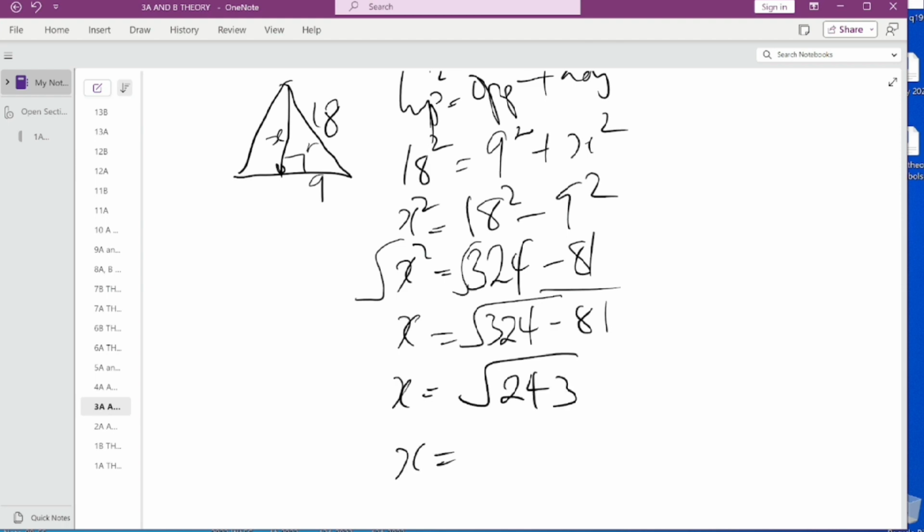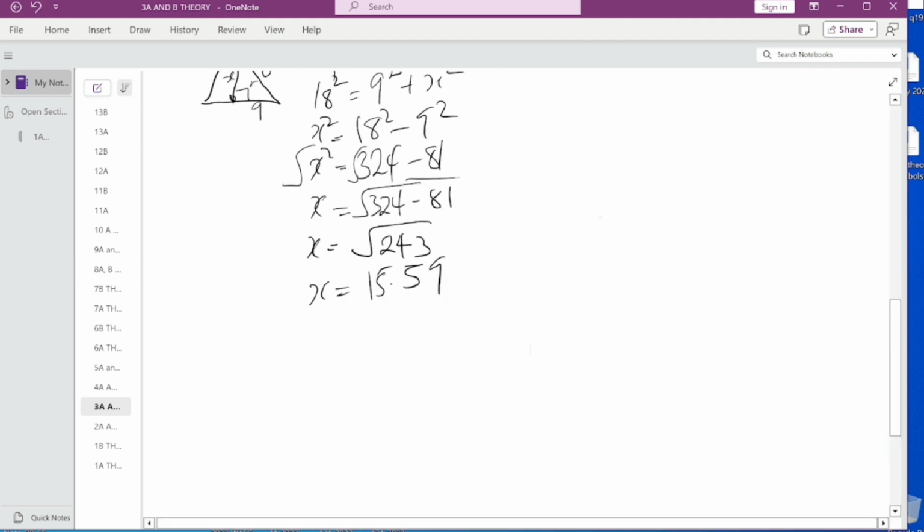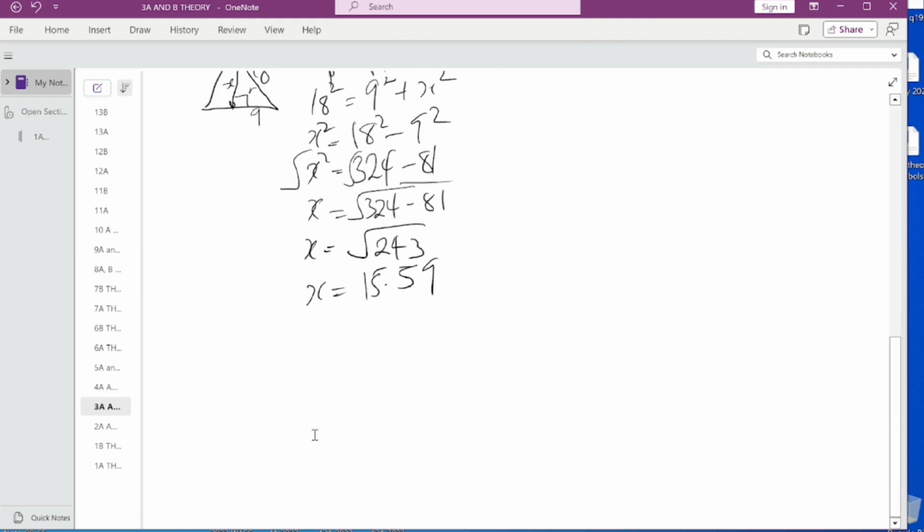X is therefore 15.59. That is our radius. Then we have this to be 9 and this to be 18, and the total angle will be 60 since it's an equilateral triangle.